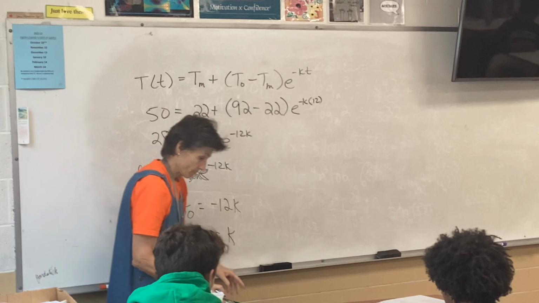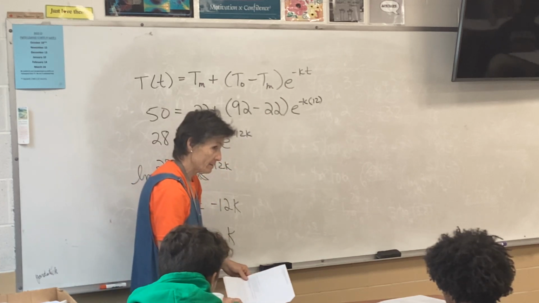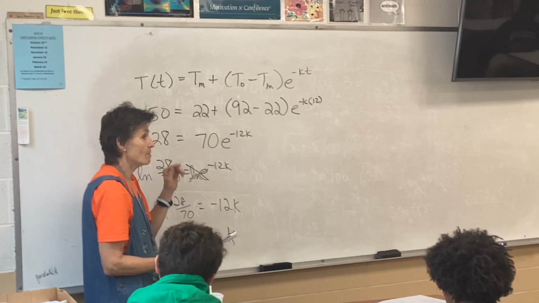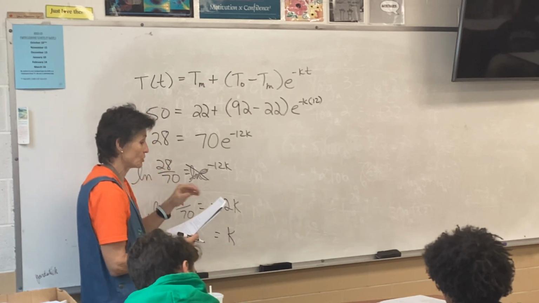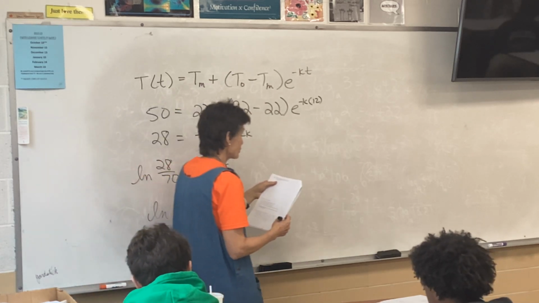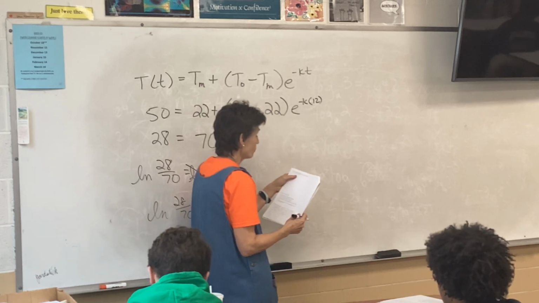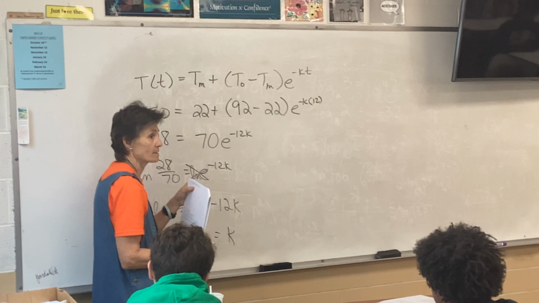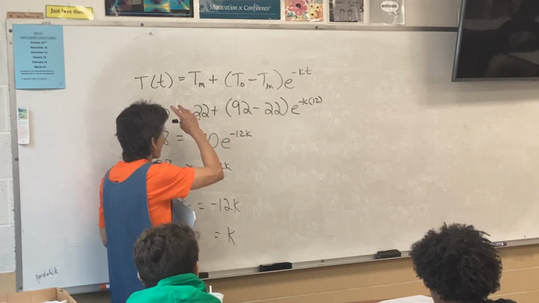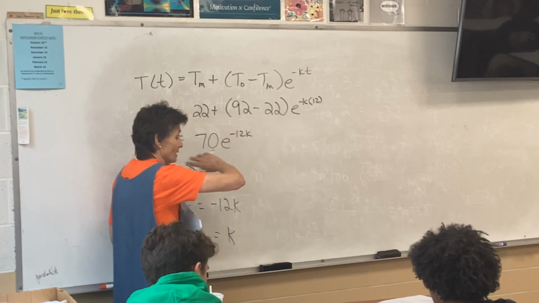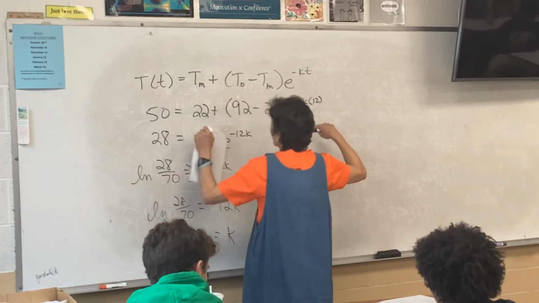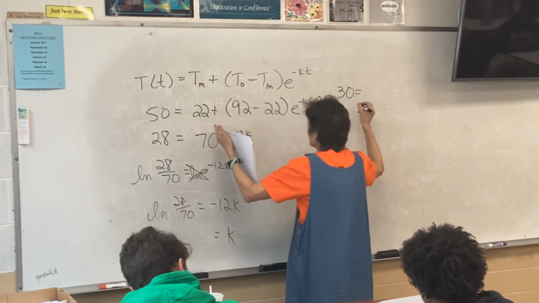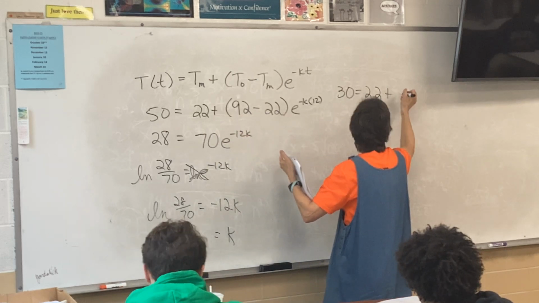Now, you got a number, right? Type it in and get a number. That does not answer our question though, because our question says, how long will the cup take to cool to 30 degrees? So we're going to go back and redo the whole problem. Now our temperature at time t is going to be 30, and it's still 22.